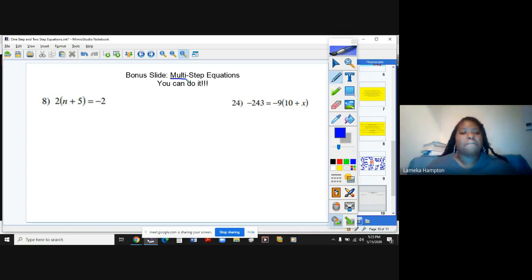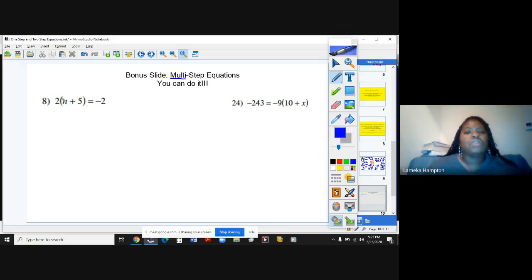Okay. Now, I say that to say there is this thing called distributive property. The word distribute means to give. So we are dealing with distributive property in numbers 8 and numbers 24 because we have parentheses and we have a number outside of the parentheses.